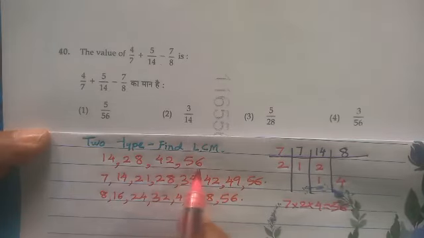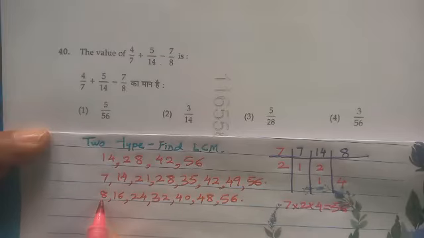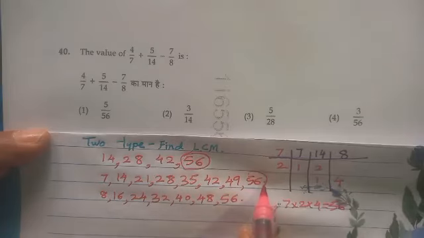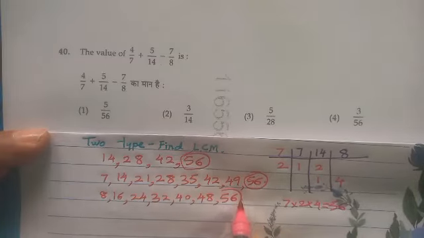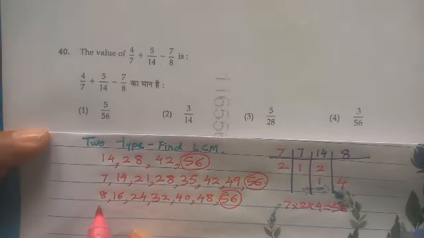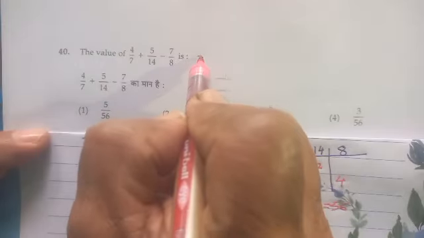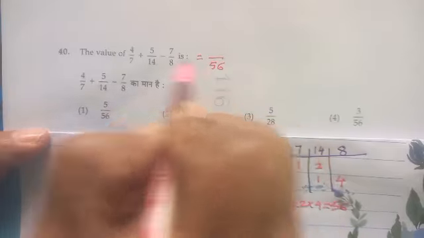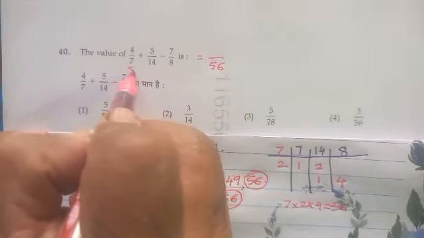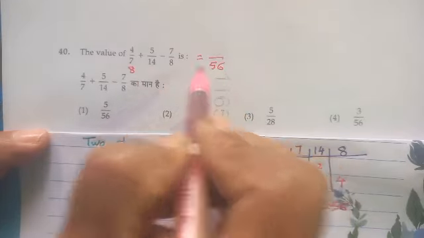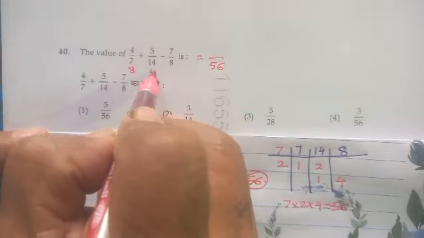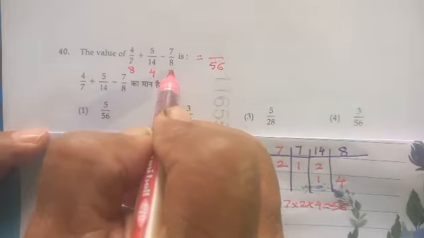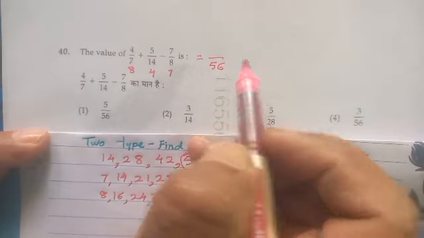So the LCM of 14, 7, 8 is 56. 7, 8 times 7 is 56. 14, 4 times is 56 and 8, 7 times is 56.